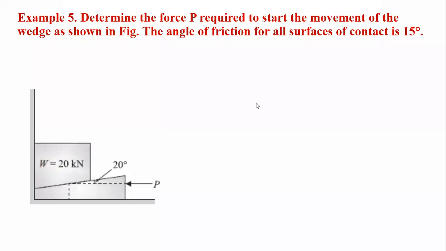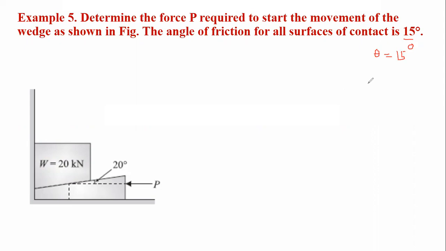Now what is the statement of this problem? Determine the force P required to start the motion of the wedge as shown in the figure. The angle of friction of all the surfaces of contact is 15 degrees. Here this angle theta is the one made by the resultant R, given over here.